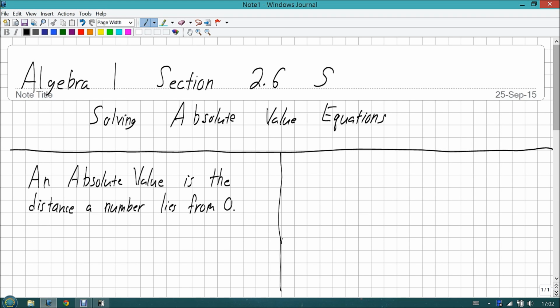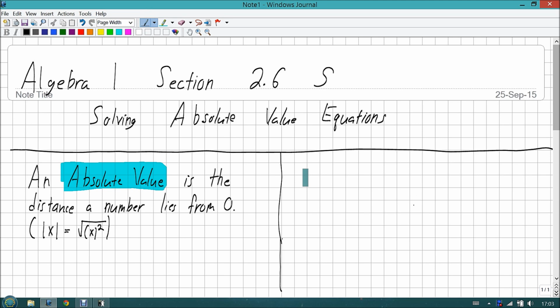And if you're really mathematically inclined, you can also say that the absolute value of a number is equal to the square root of that number squared. But that's like a really mathy, geeky version. I think the one that we really want to use is this one right here, that the absolute value is the distance that a number lies from 0.